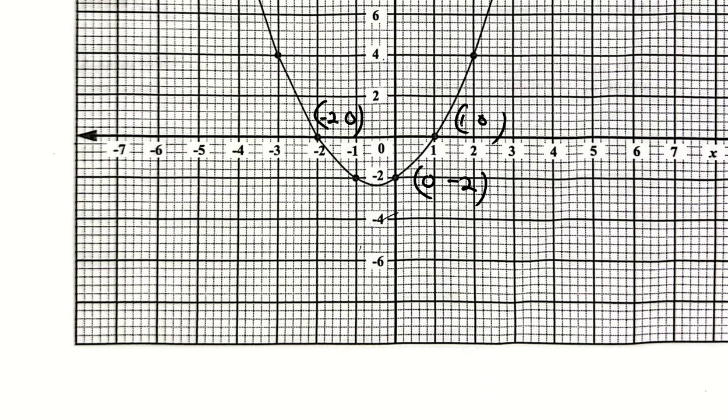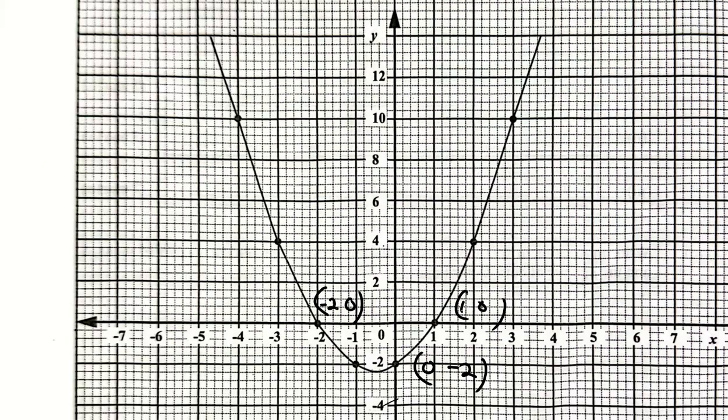Even on the graph, the axis of symmetry passes through the turning point, directly in the middle of 0 and negative 1.